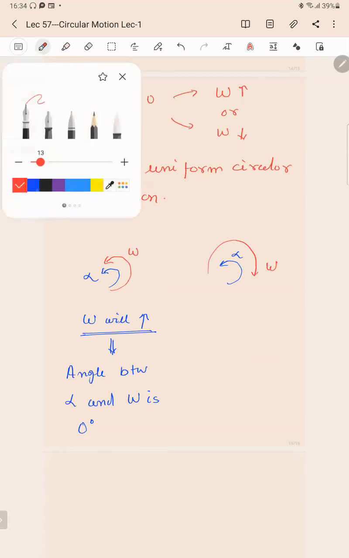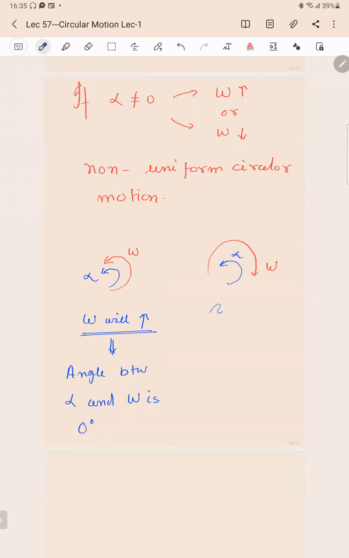At this point in time, what will happen? Omega will decrease as the angle between alpha and omega is 180 degrees.